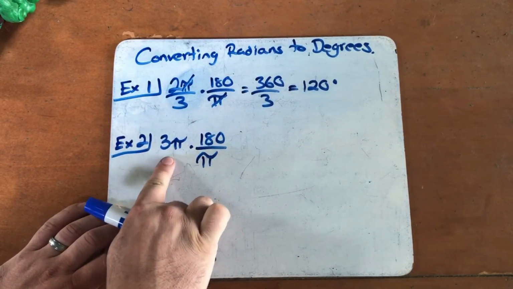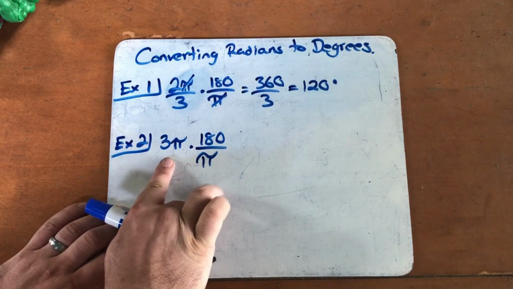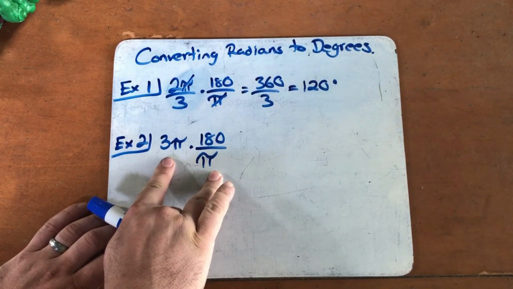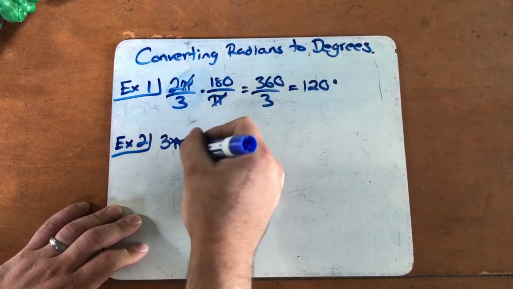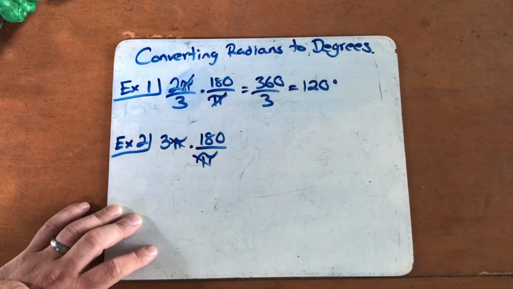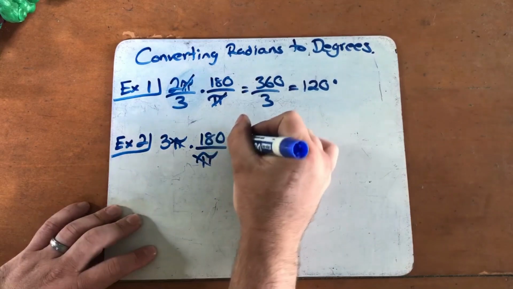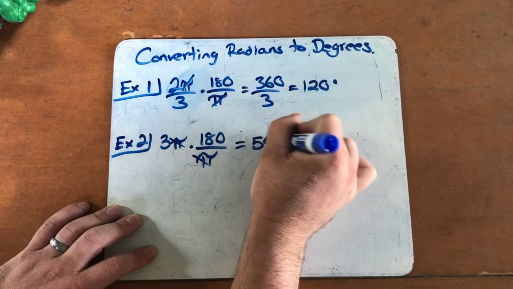Notice that if my original has a pi, I need it to go away, so I'm going to divide by pi. That's how I know my pi should be on the bottom for 180 over pi. So my pi's cancel, giving me 3 times 180, which is 540 degrees.